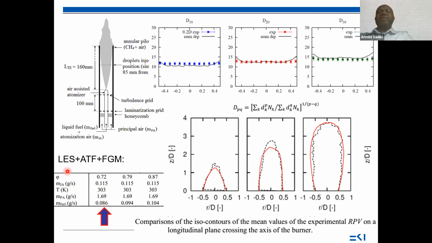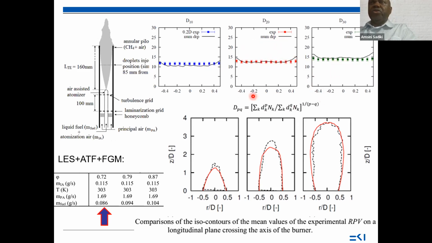Here we coupled LES, the RTF with the FGM table, and also we track the droplets by means of the Lagrangian. So we produce different diameters here, as we have introduced them during the lecture in which we have spoken about the characterization of spray. And we see that the experimental data and numerical simulation agree very well.